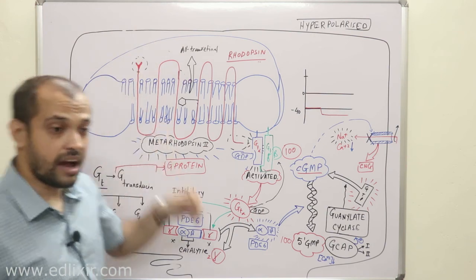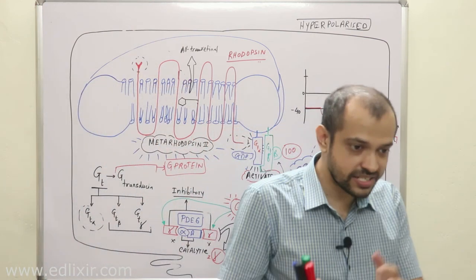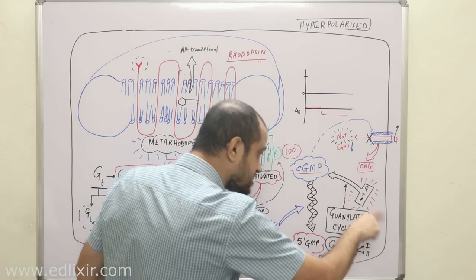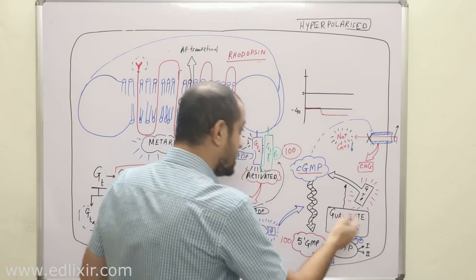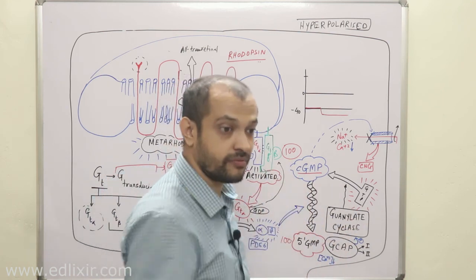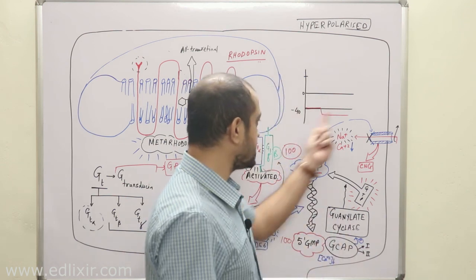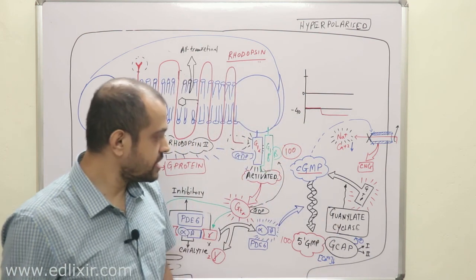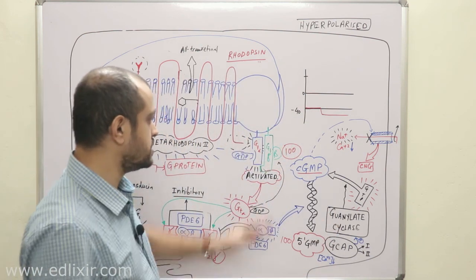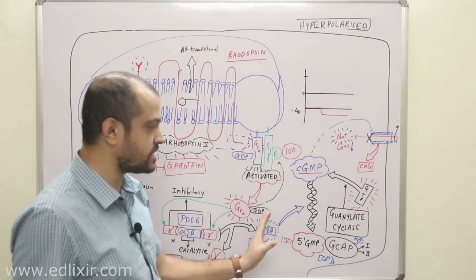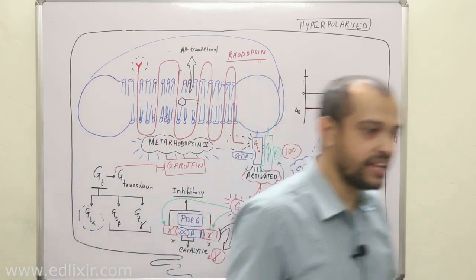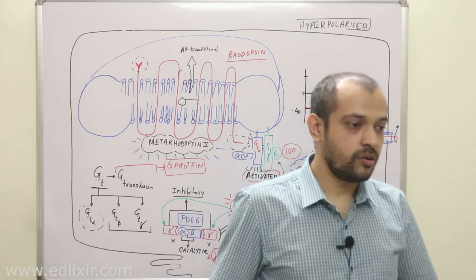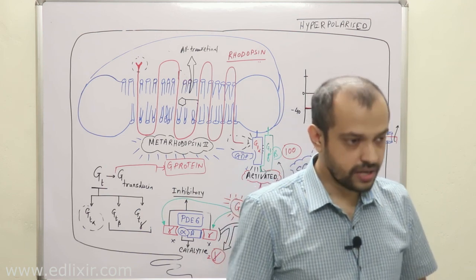That means after the exposure of light, when there is a dark period, this GCAP is activated, and due to this guanylate cyclase will be activated more, and therefore cyclic GMP concentration will rise steadily and very fast. Clear? And therefore again cyclic GMP can sit in this CNG channel and sodium and calcium may enter here. So this is the destruction of cyclic GMP and resynthesis of cyclic GMP, which is helping in the dark adaptation by rods. Clear? Okay, thank you.